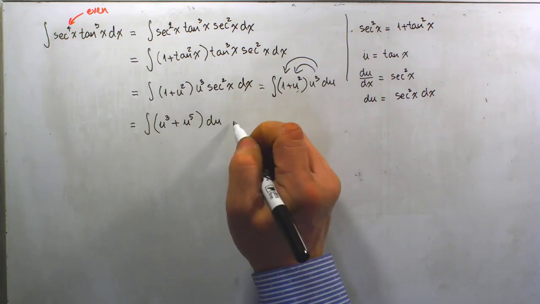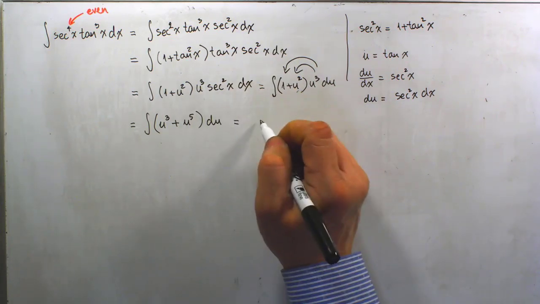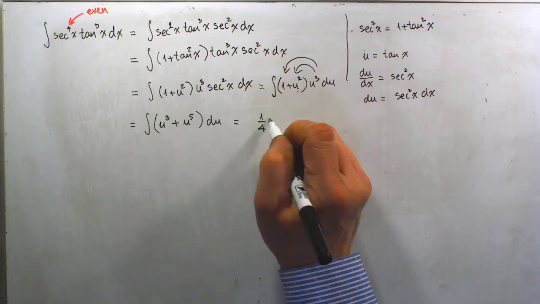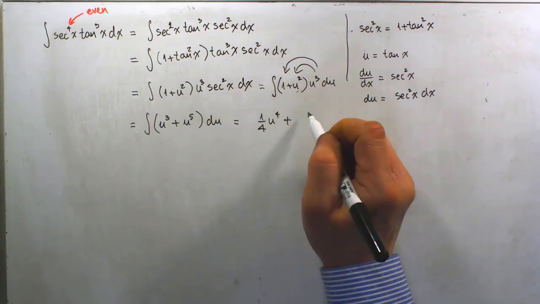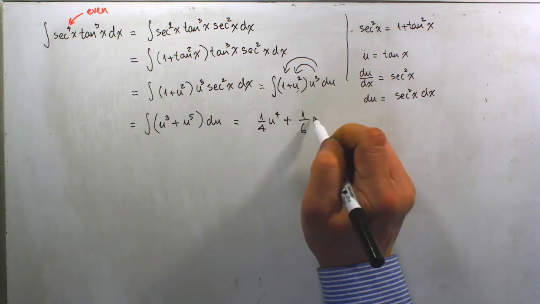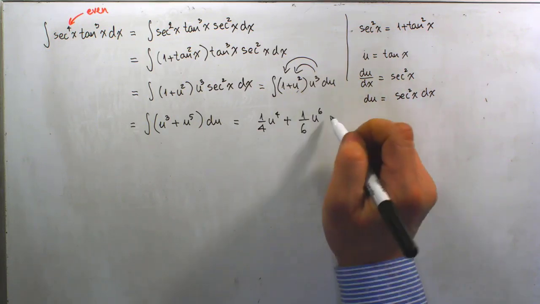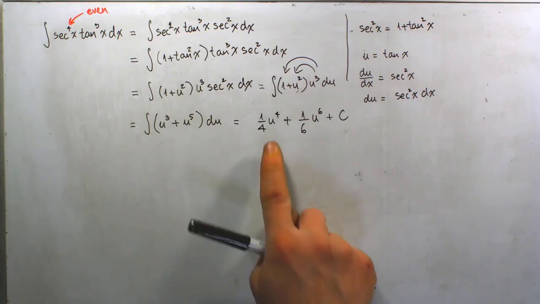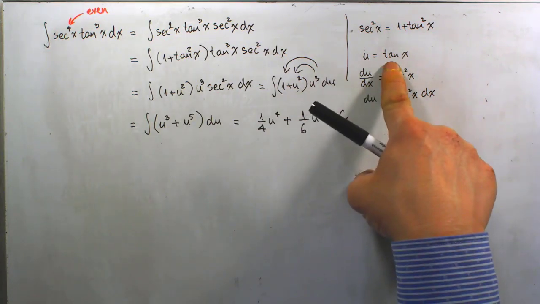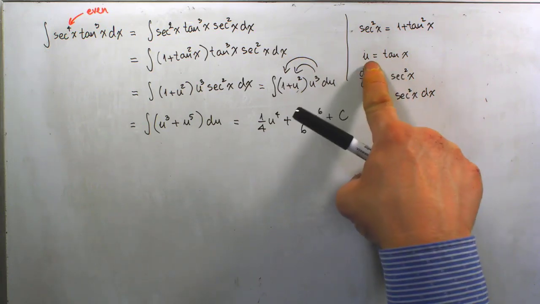And so first term will give me 1/4 u to the 4th. Second term will give me plus 1/6 u to the 6th. And don't forget plus c. And so now we're going to just simply substitute back the substitution that we chose for u right here.